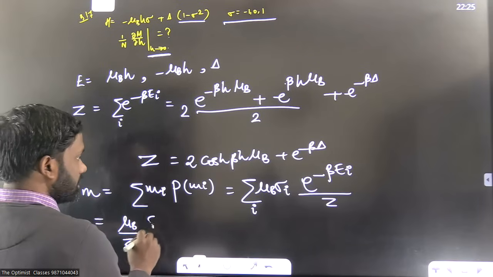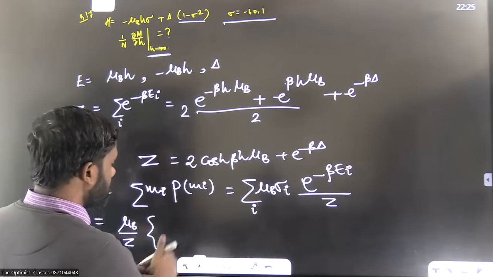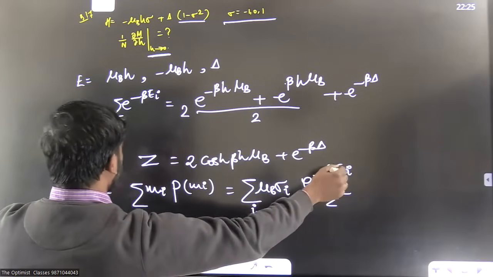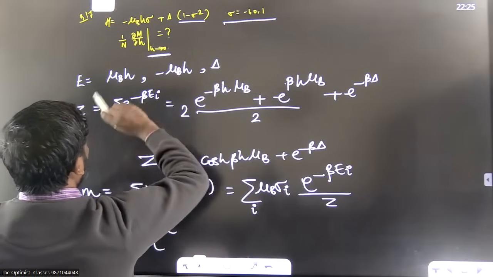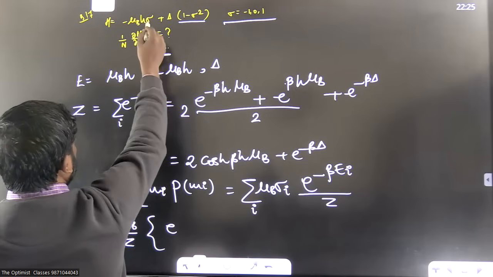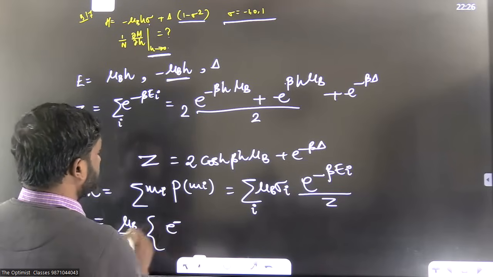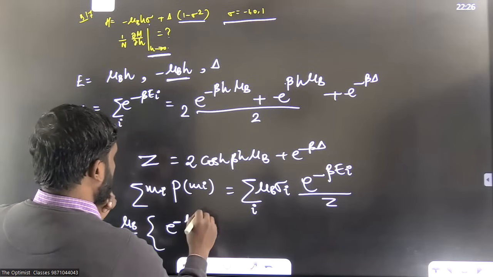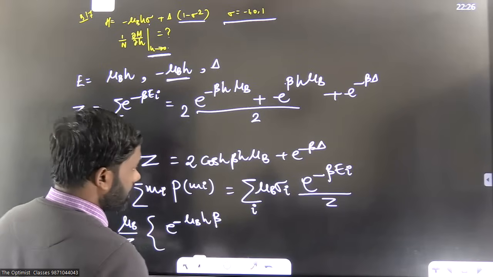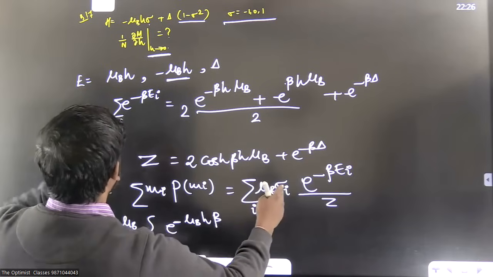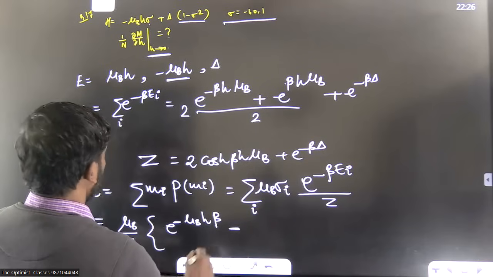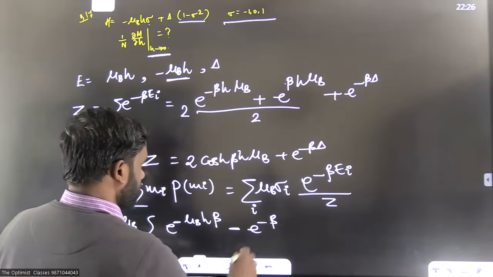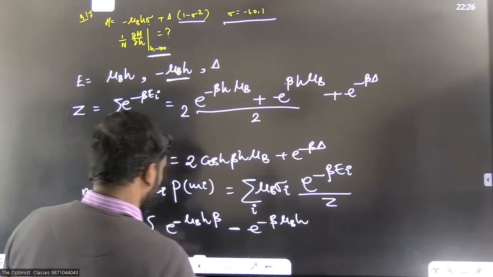For sigma equal to +1, we have to write the corresponding energy, which is minus mu b h, and there is obviously beta. And when you put sigma equal to -1, you get the energy e to the power minus beta mu b h. Okay, so this is what we are getting.